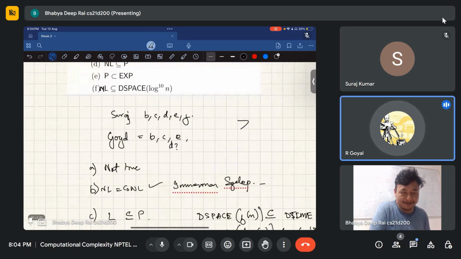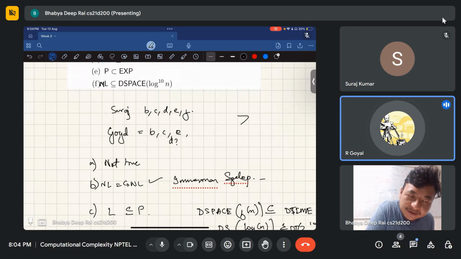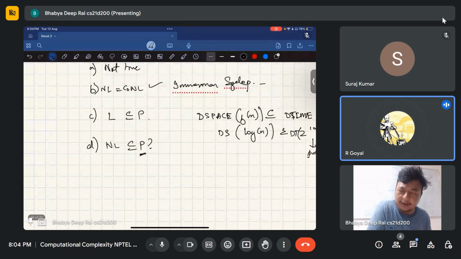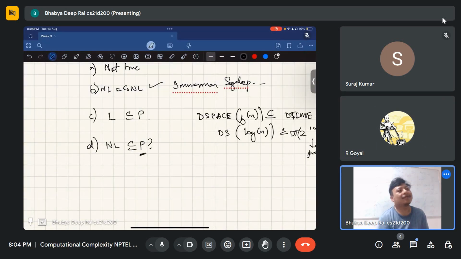I forgot to mention that my idea of using Savitch's theorem was not correct, because Savitch's theorem is valid for values of f(n) greater than log n. Savitch's theorem is true for f(n) greater than log n.